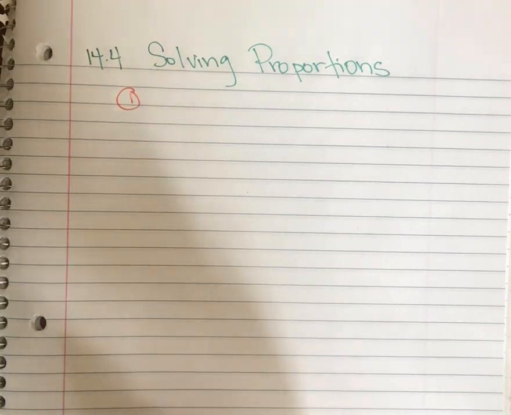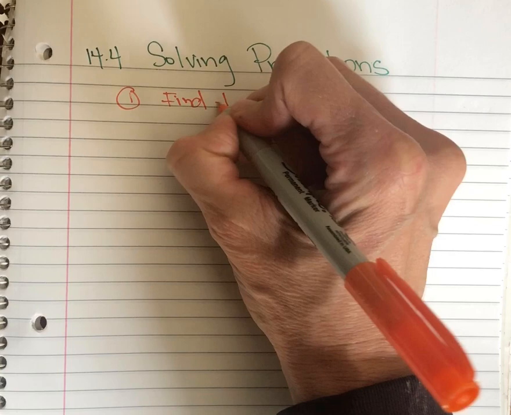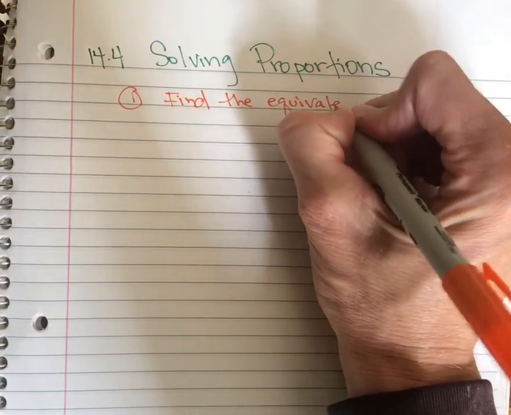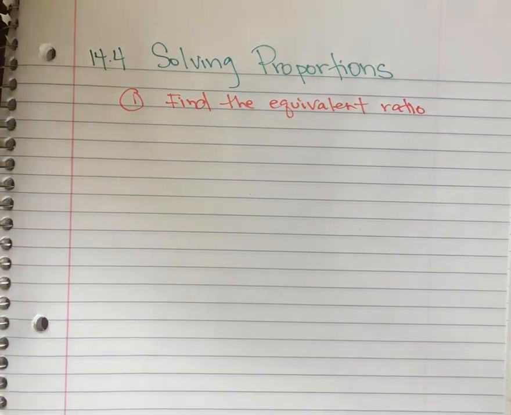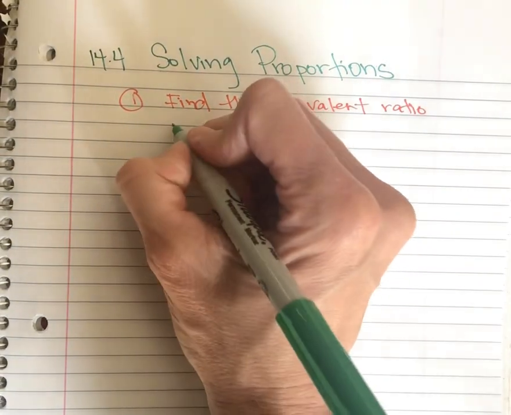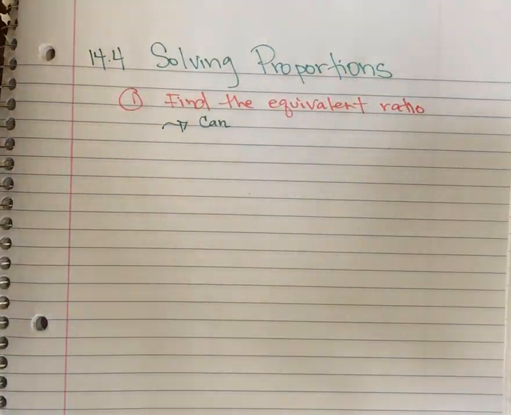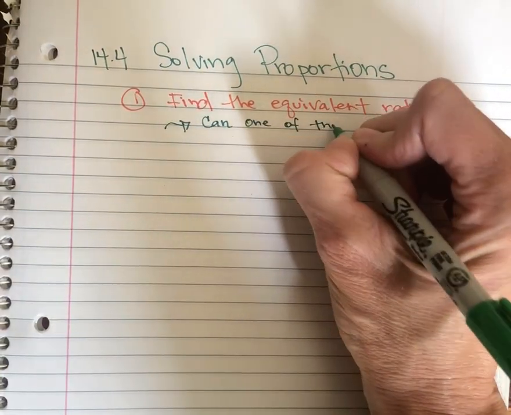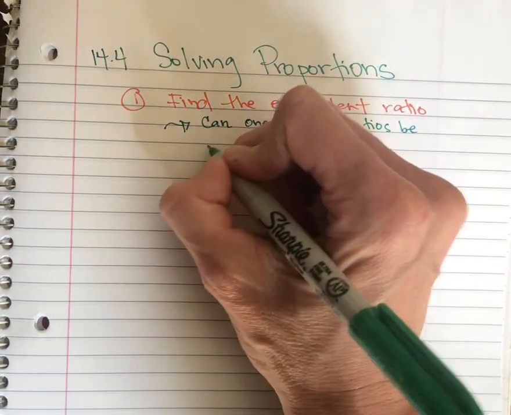When we solve proportions, you want to see if you can find the equivalent ratio. That is usually the easiest if it's possible. And remember, if it's too hard, ask yourself, can one of the ratios be reduced?